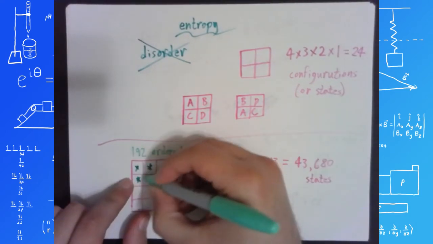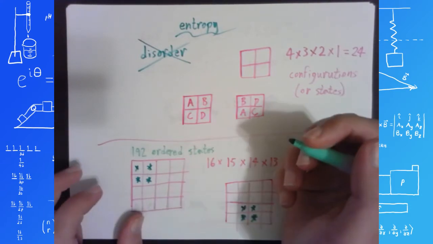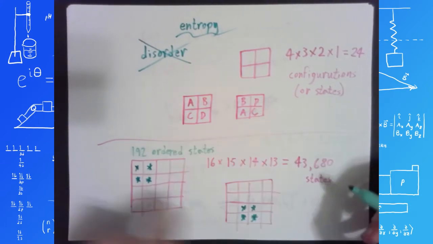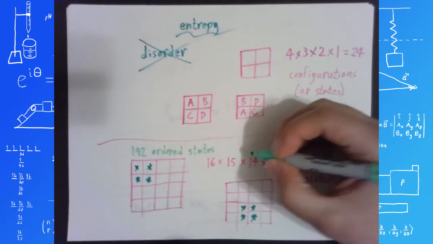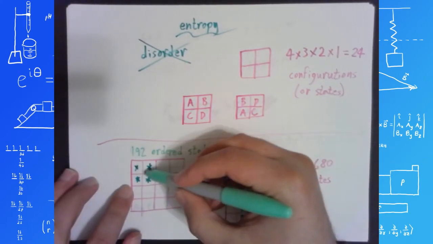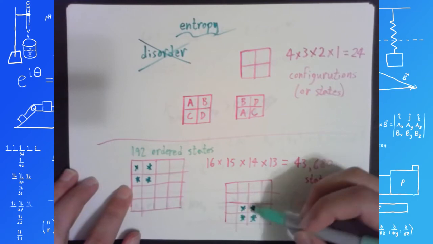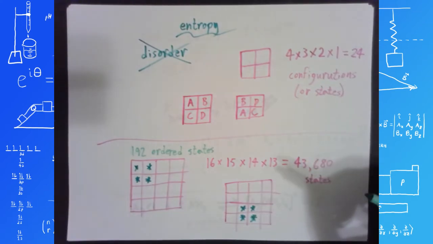To keep a quote-unquote orderly arrangement, the probability of that happening is 192 out of 43,680. Let's calculate it. 192 over 43,680. That's less than 0.5%. The chances of the particles just randomly landing in four spaces right by each other is 0.44% almost.